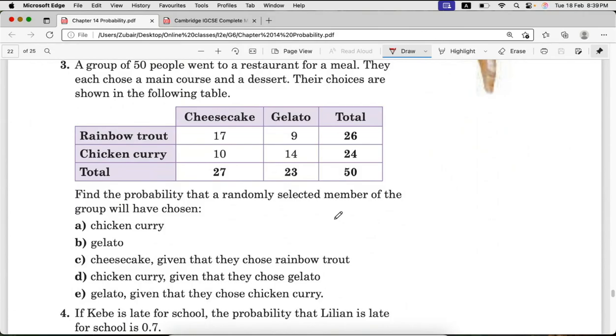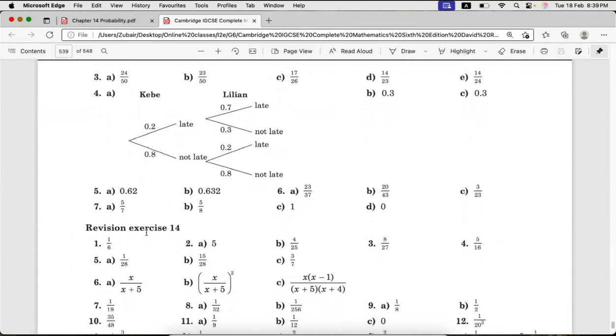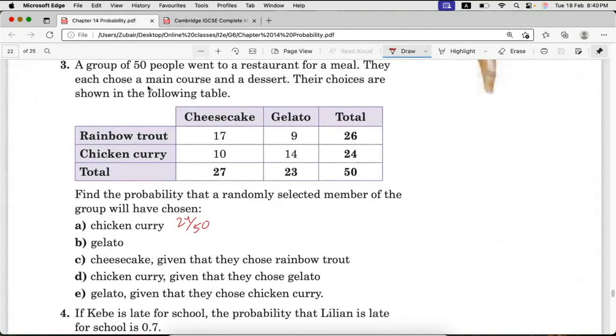So A is 24 by 50. Let me check. This is 3A, correct, 24 by 50. Yes, sir.